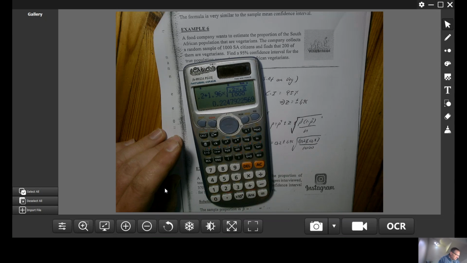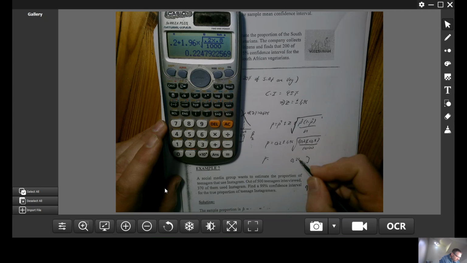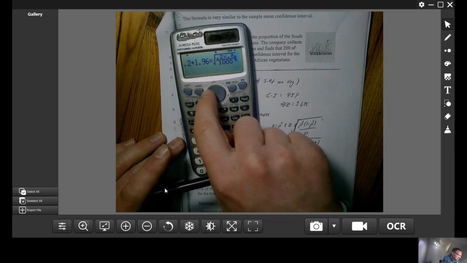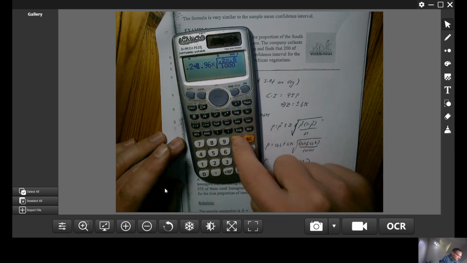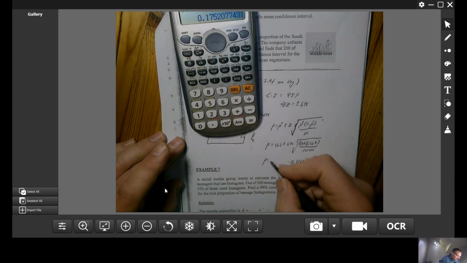I get 0.22, so that's going to be your upper boundary. Let's do it to 4 decimal places: 0.2248. Your lower boundary, let's just go back and change the plus into a minus, and you get 0.1752.